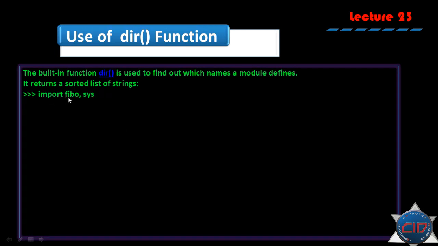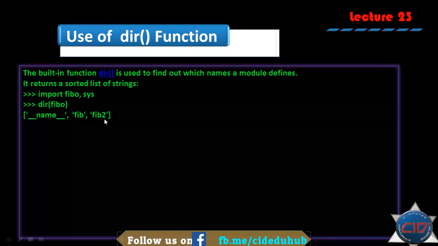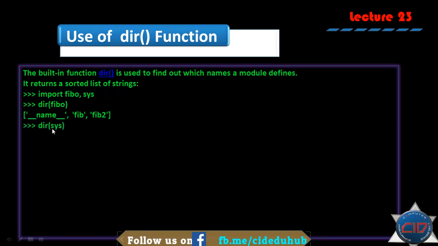Suppose we have imported fibo and sys, and in the dir function I'm going to pass fibo as an argument. Then it will show what things are in fibo. There may be name, or we also have fib and fib2, then it will show things like this. We can also check like this for sys.